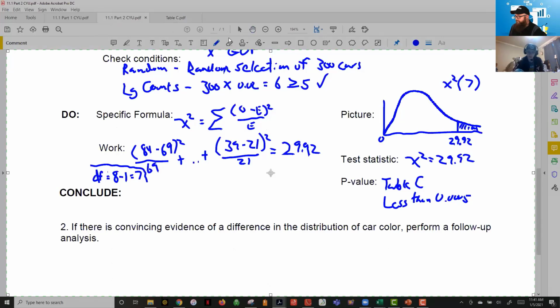0.0005. Or you can use the calculator, which is the best part to use if you have that function. 29.92, label it as your lower bound. Infinity is your upper bound. And then 7 is your degrees of freedom, label it.